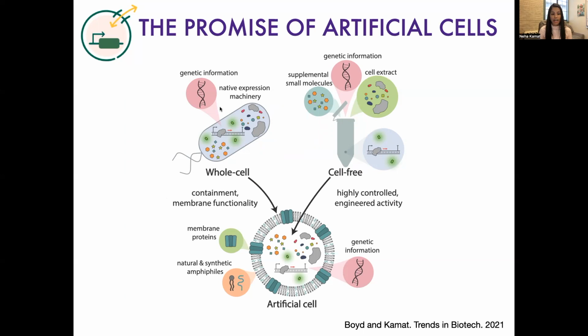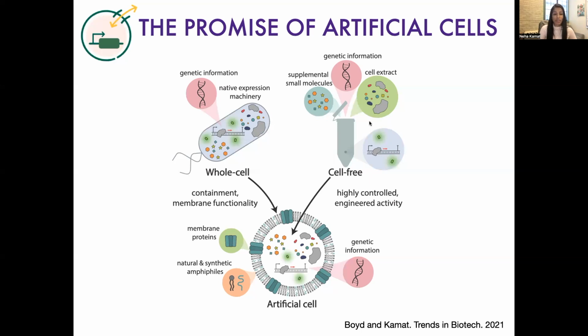What we've seen over the past 2 decades or so has been the design of living cells where we can go in, re-engineer their genetic machinery, and program them to do useful things like sense a molecule or produce a therapeutic molecule. Cells, though, do have their own metabolic agenda, which makes it hard to sometimes execute the program you want. It's also difficult to load synthetic molecules sometimes, as well as molecules that might be toxic to a living cell. So on the other side, we have cell-free systems.